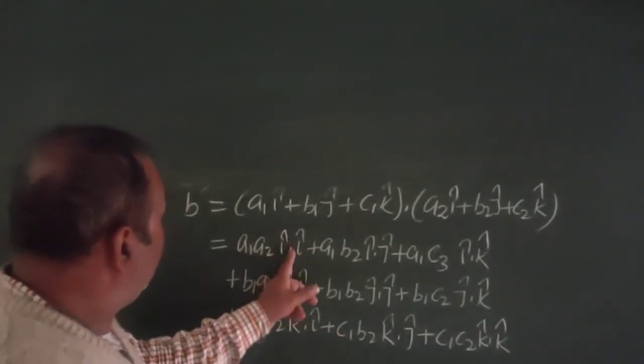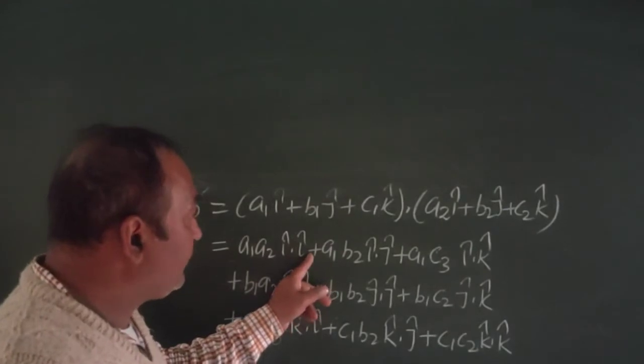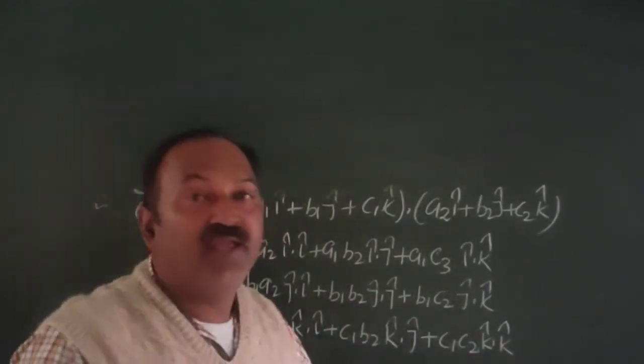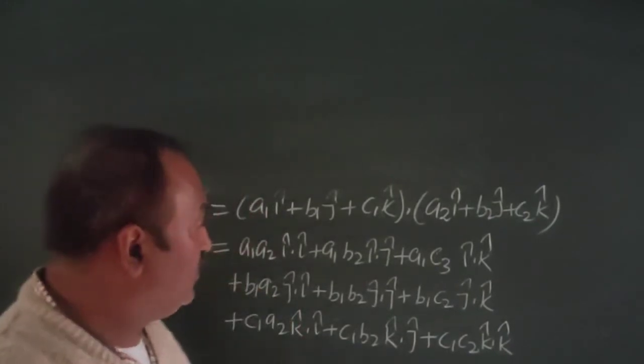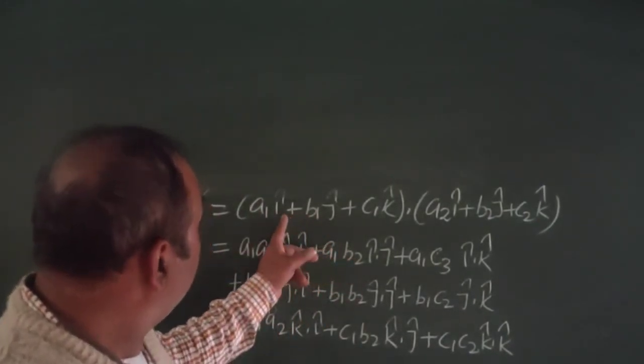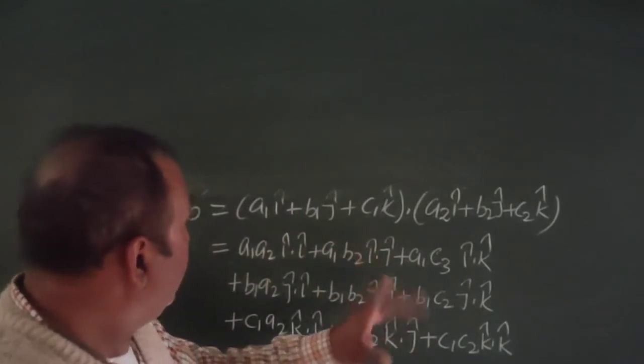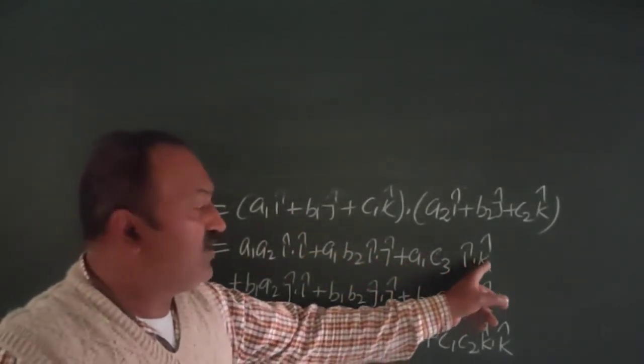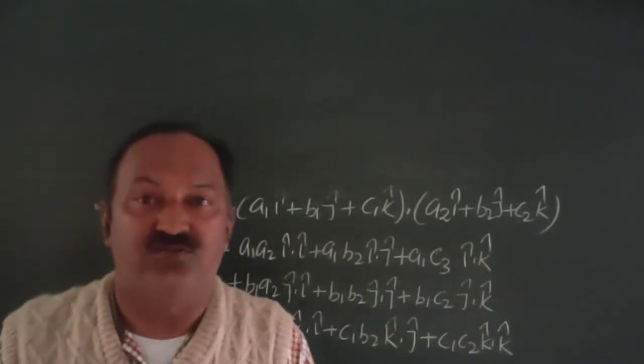Now putting I dot I, J dot J and K dot K is equal to 1 and these I dot J, I dot K, all these values equal to 0.